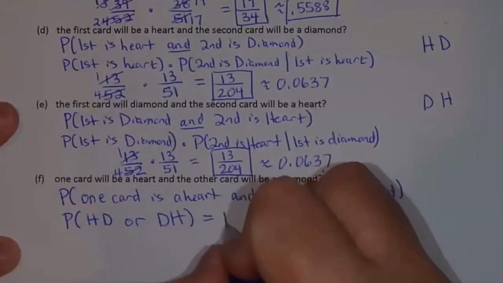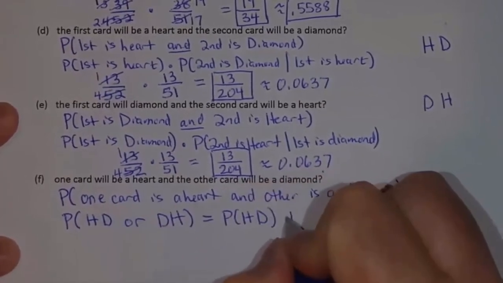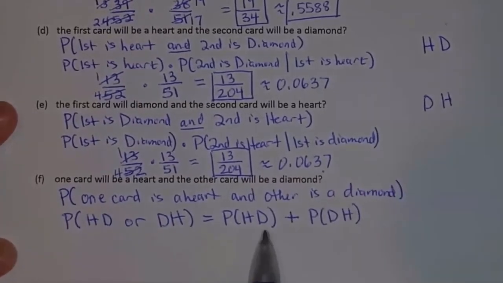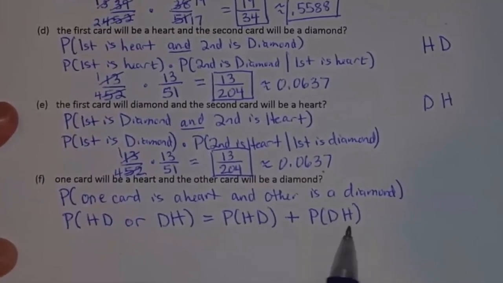Well, that's going to equal the probability of getting the heart first and the diamond second, plus the probability of getting the diamond first and the heart second. I'm going to use the addition rule here, and I can just add these two things together because these two outcomes are disjoint.